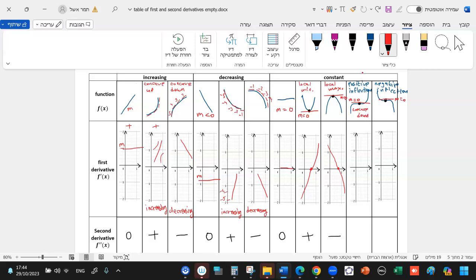The gradient comes from large positive down to 0, and at the point of inflection the gradient is exactly 0, and from the point of inflection and to the right the gradient goes back and increases positively. So concave down becomes concave up.